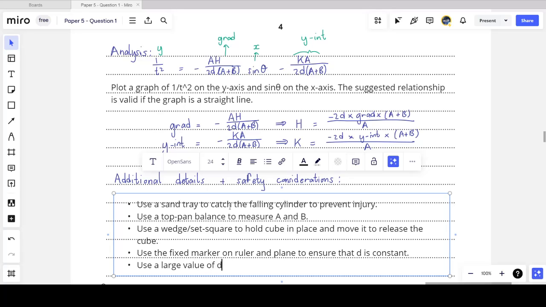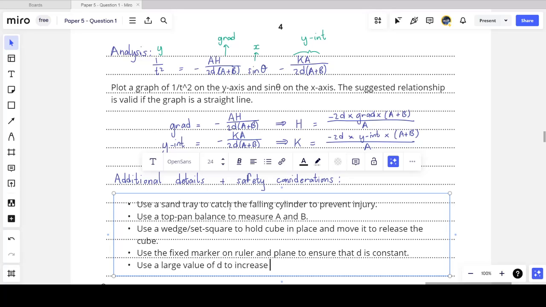This means that if your reaction time error is 0.2 seconds, for example, if you're measuring a larger time, then a large value of d will increase the value of time and hence reduce the percentage or the fractional uncertainty in measuring the time. If you're measuring a very small time with an uncertainty of 0.2 seconds, then you don't have a very accurate measure of time. But if it's a very large time, 0.2 over a large number is a smaller fraction.